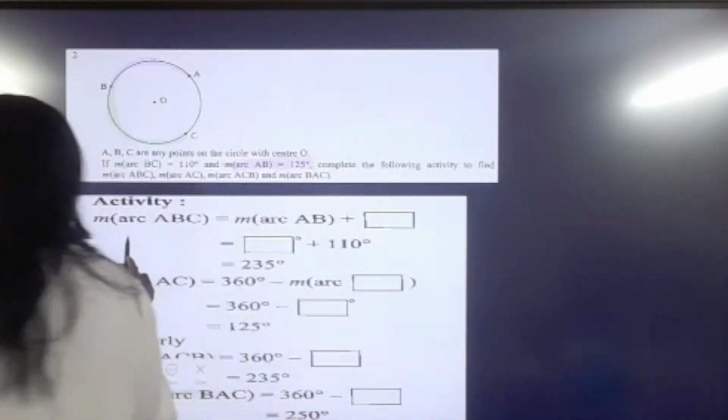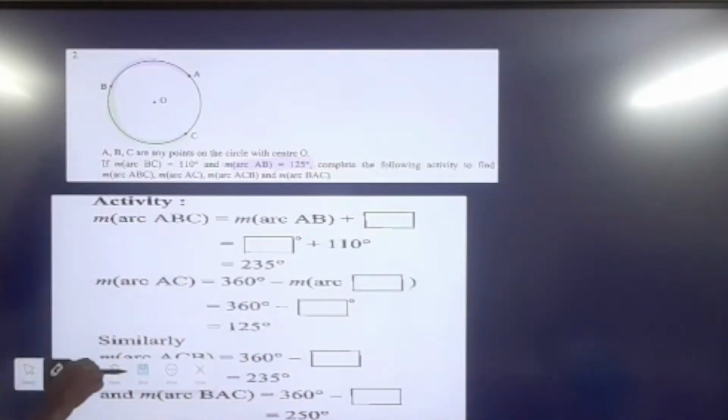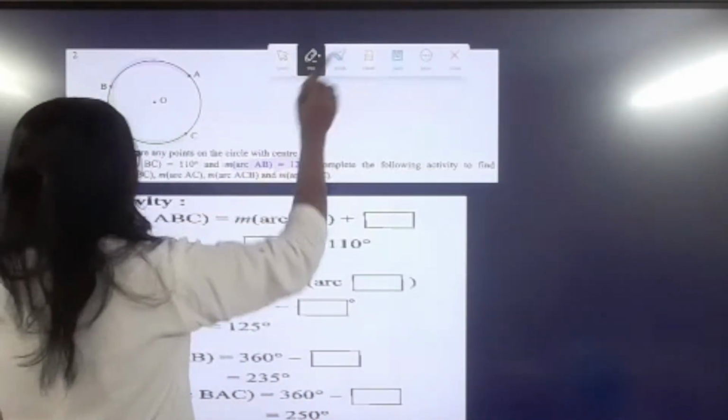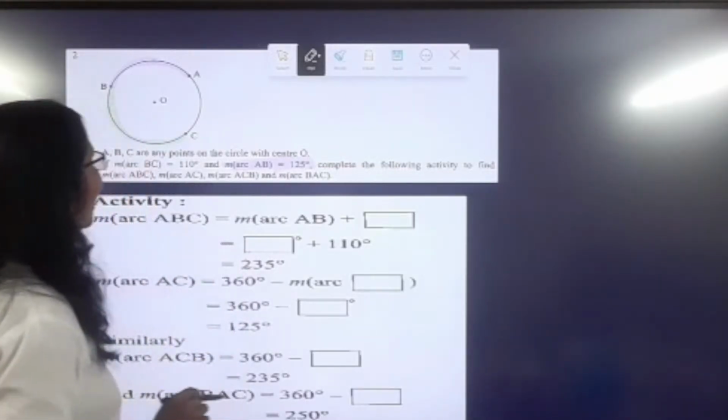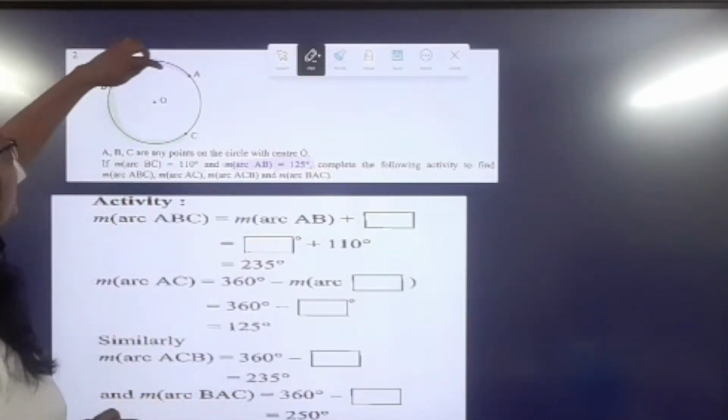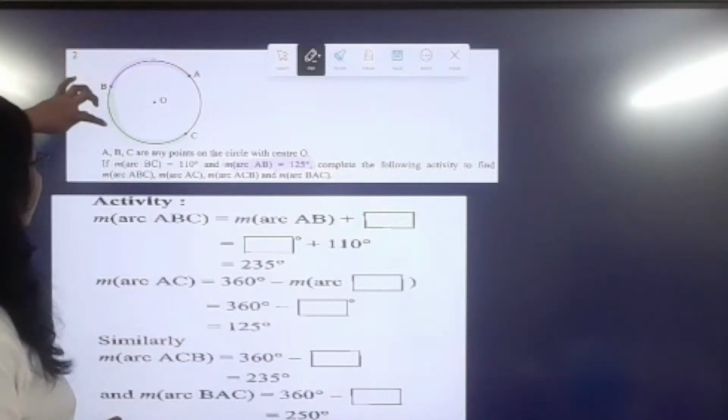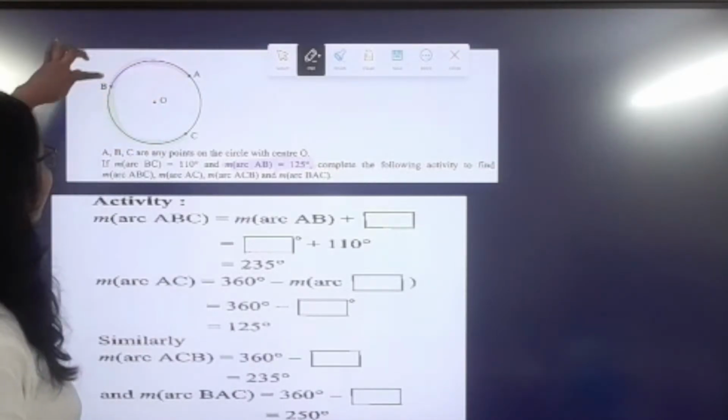The first one, major arc ABC. Major arc ABC is equal to major arc AB plus major arc BC. We have to find out this major arc ABC.